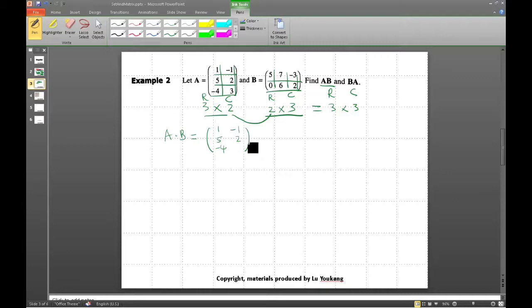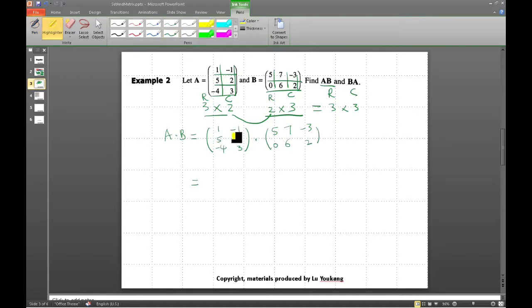So this is valid. So we can continue to find the multiplication result of these two matrices. Matrices are simple, but you have to be very careful when it comes to multiplication.